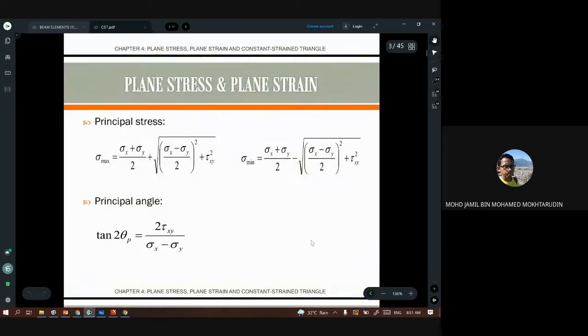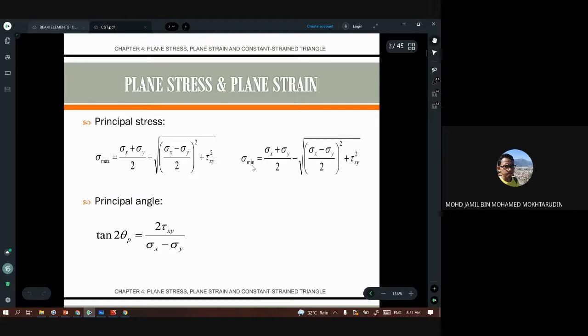So this is your first formula that you need to jot down. Principal stress is given by sigma max equals sigma x plus sigma y over 2, plus the square root of sigma x minus sigma y over 2, squared, plus tau xy squared.